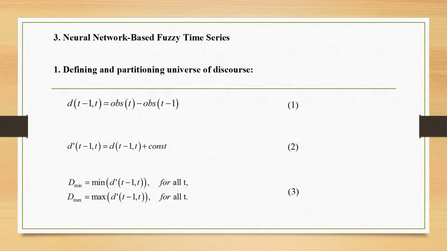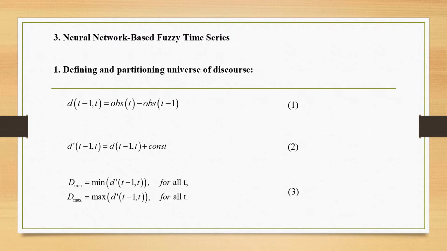This new algorithm for neural network based fuzzy time series forecasting method is based on Yu and Huang's algorithm, but has some changes and modifications, and is summarized as follows. First, defining and partitioning universe of discourse.